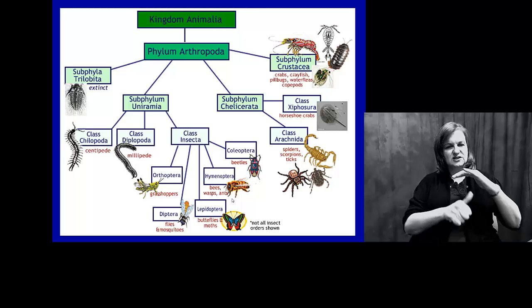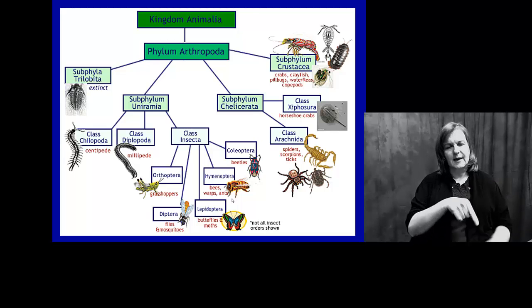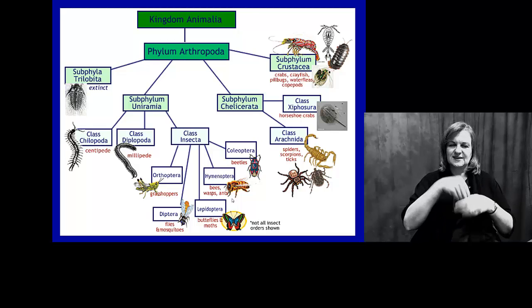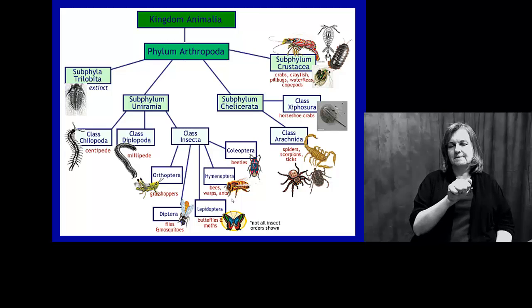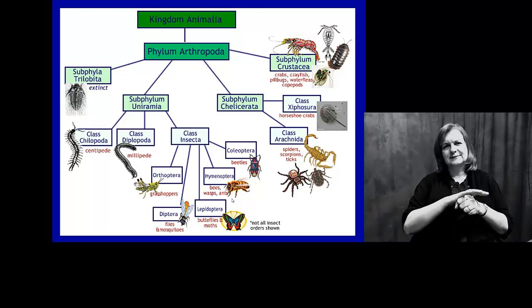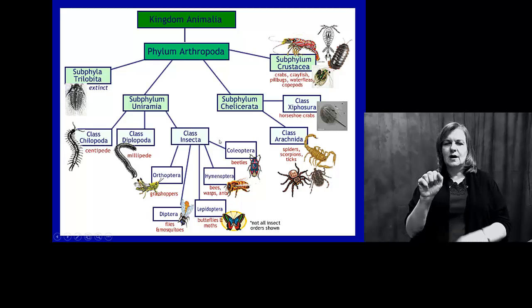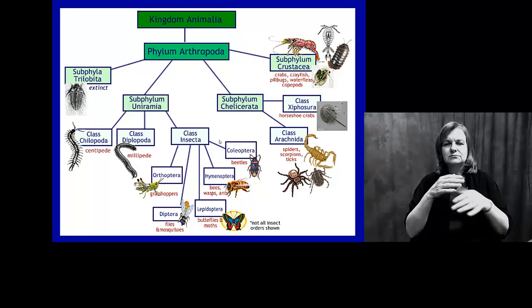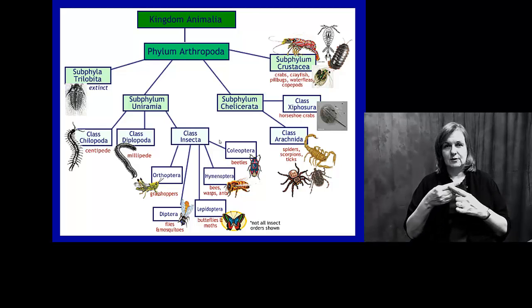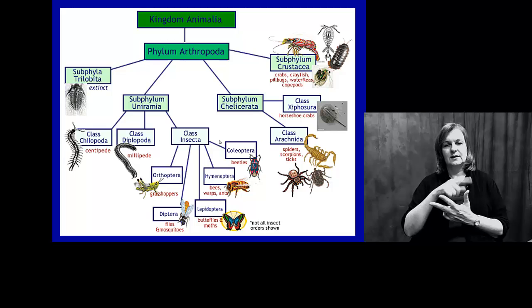This should give you some clue about the diversity and just the sheer number of bugs that are out there, right? So when we look at arthropods, we focus on these subphyla, and that's what I want you to focus on. We'll look at these classes to give you some direction for what's in the subphylum, but the subphylum are what we want to focus on.